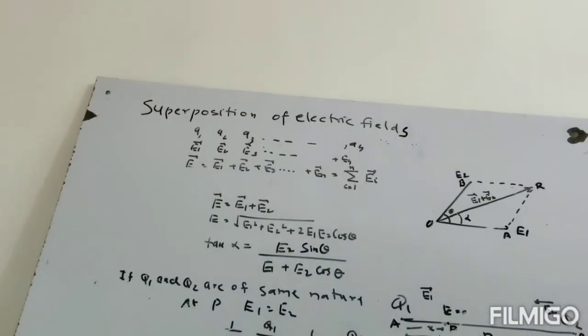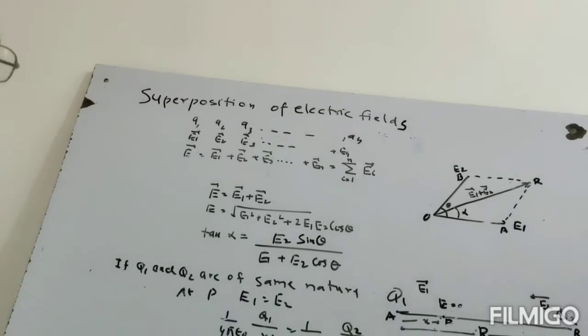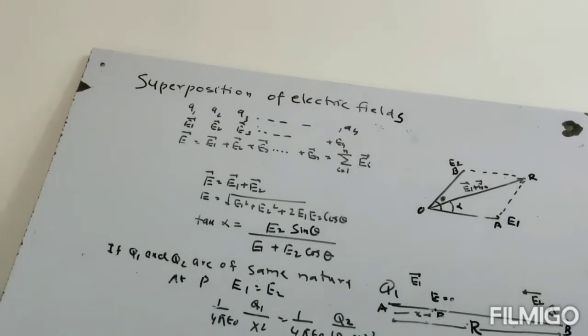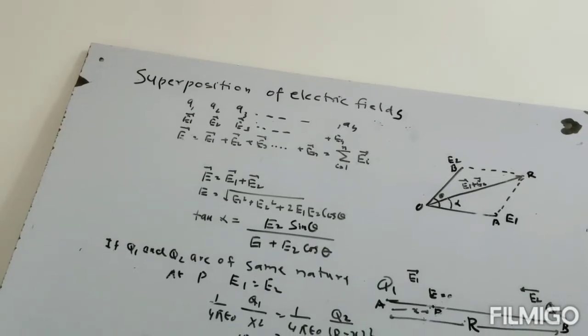Now, by the principle of superposition, we can find the resultant electrical field intensity using the superposition theorem.